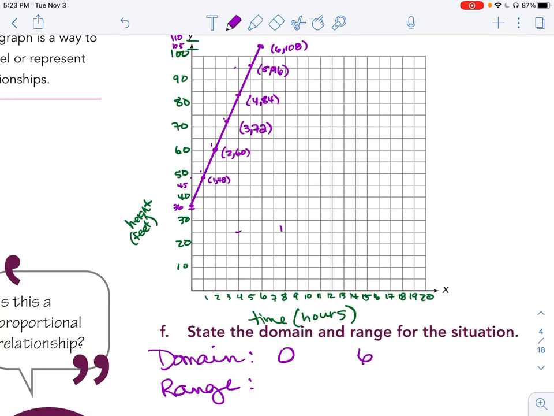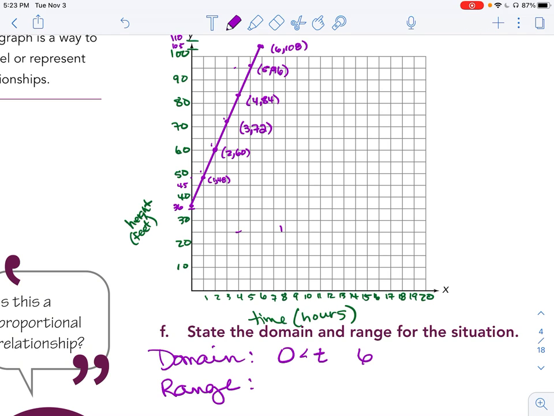Now, we haven't really talked about this yet, but I want to tell you the time is in between there. The reason that this is not just points, that this is an actual line, it's continuous, is because time is continuous. You have seconds, you have milliseconds. So it's every number that's in between 0 and 6.